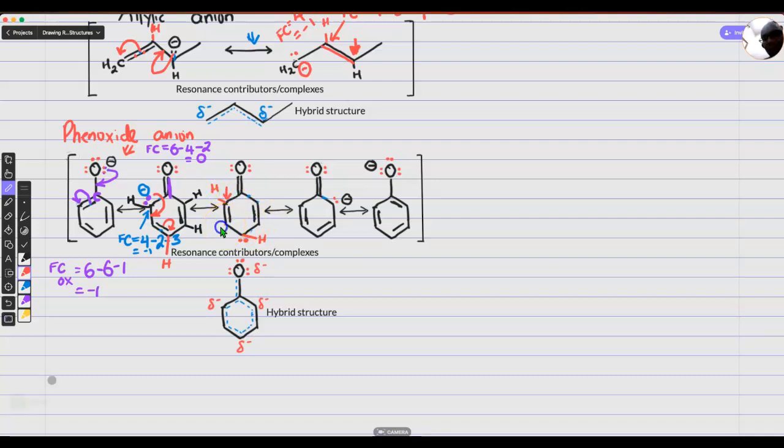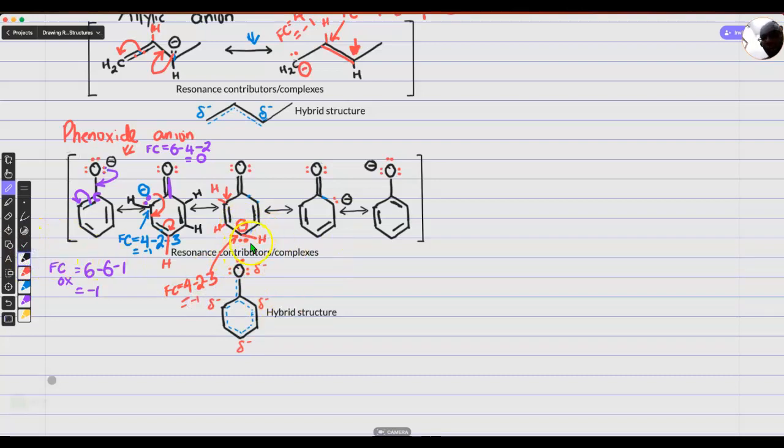This one also has a formal charge of 0 if you do the math. But for this bottom one right here, the formal charge will change from 0 to something. So let's determine. The FC of that carbon will be 4 minus 2 non-bonding electrons, and you can see we have 3 bonds. The answer is -1. The negative charge comes there.